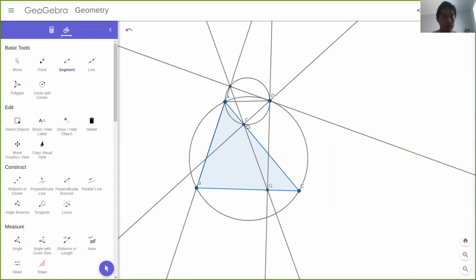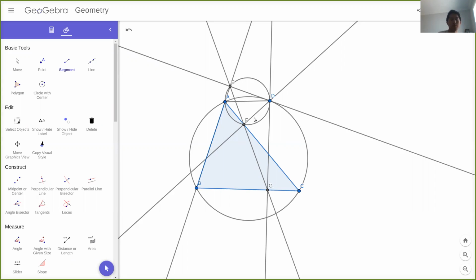And now we don't really need F anymore, right? The other angle we're trying to relate it to is DEG, and it has nothing to do with F. So angle DEF equals angle DAF, which is equal to angle DAC. We can get rid of this talk about F all at once. And now we have angle DAC, which doesn't have to do with E or F.